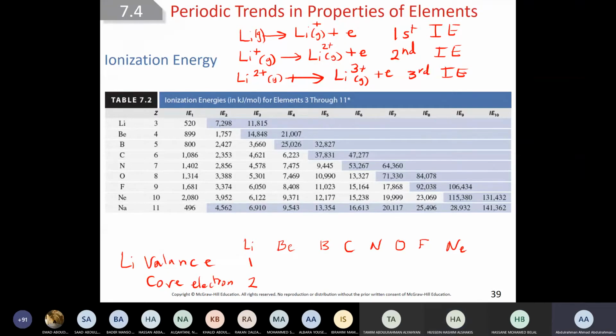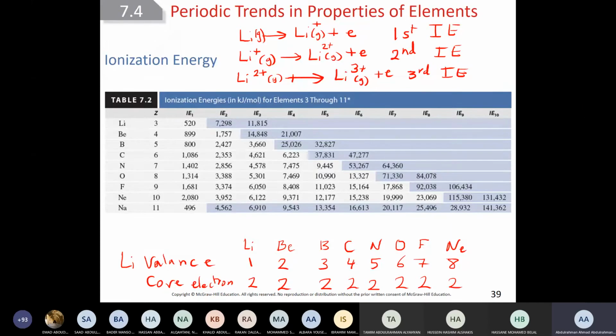In Be, how many valence electrons? 2, 3, 4, 5, 6, 7, 8. Exactly. What's the core electrons for Be? 2, and then 2 for carbon, for nitrogen, for oxygen, for fluorine, for neon. Exactly. I want you to know this.